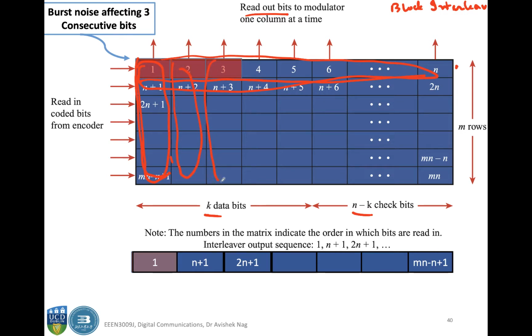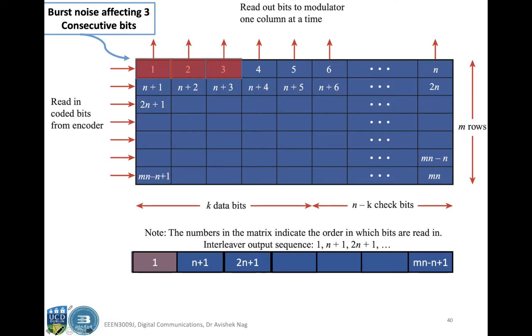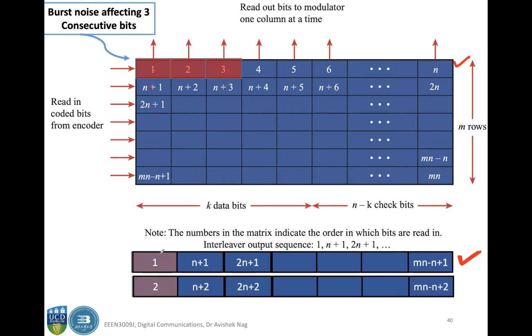Okay, then this block. And the reason this is done is just to get rid of the burst error. The burst is affecting these 3 consecutive bits in the original frame, but when you are reading from this side, your effective frame would look like this. You are reading from 1, then n plus 1, then 2n plus 1, and finally in this way mn minus n plus 1. So this is the actual block that you are reading, and here you see only 1 bit is affected by the burst noise.